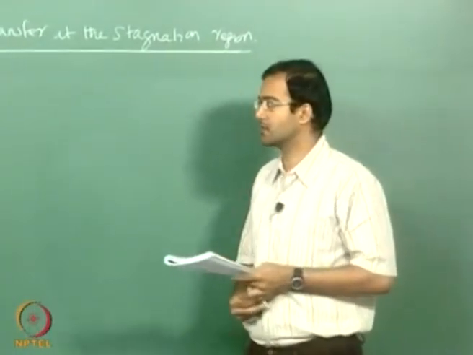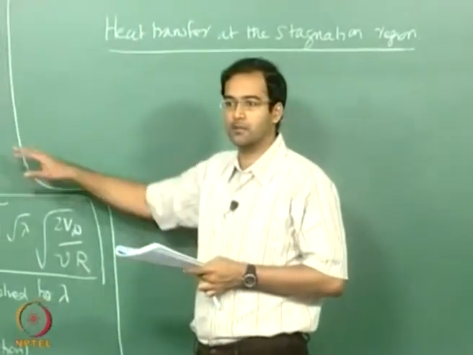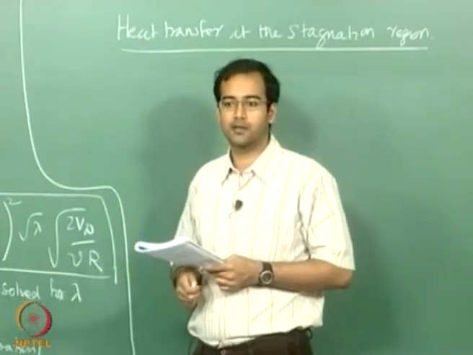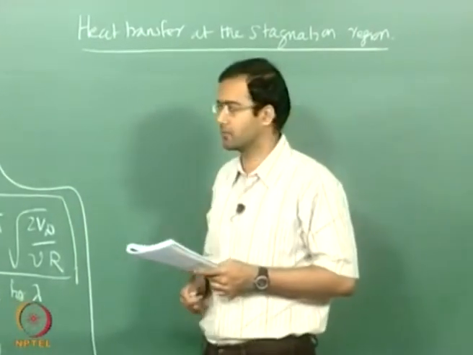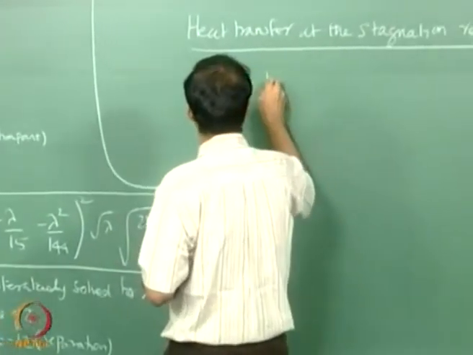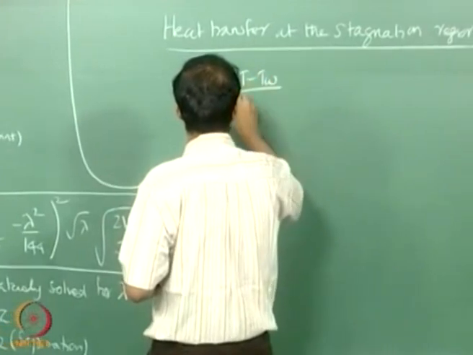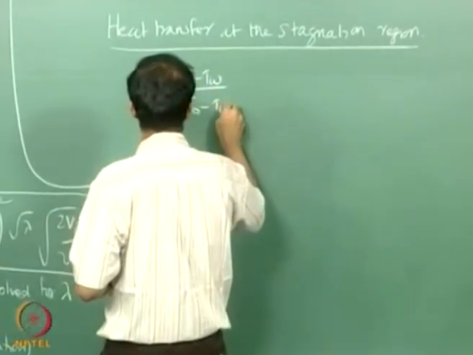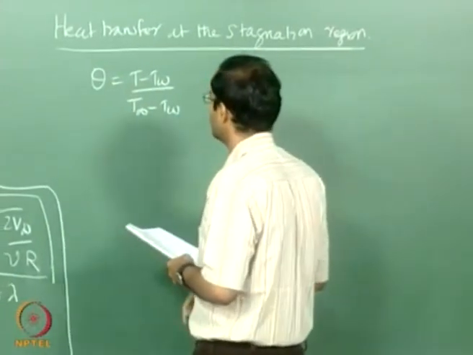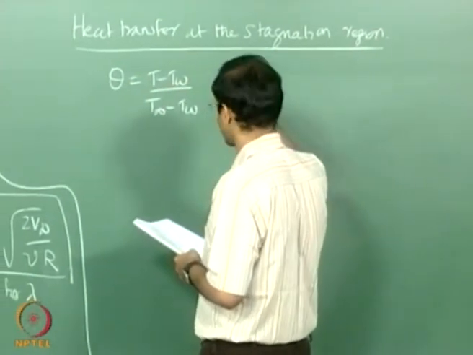As far as the flow is concerned, you have to take a quartic polynomial, but with respect to temperature profile we can still use the third order polynomial that we were using before for the Blasius solution. So let us define our theta as T minus T wall by T infinity minus T wall, so that it scales between 0 and 1, 0 at the wall and 1 at the free stream.